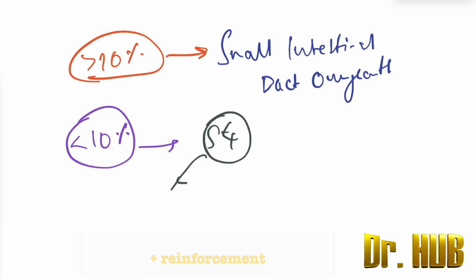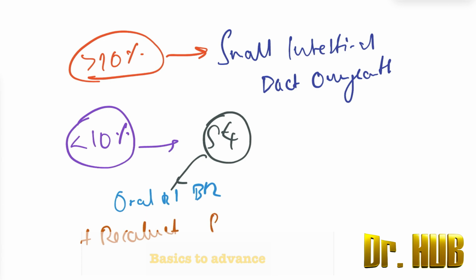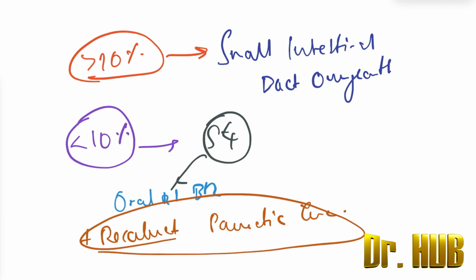In stage 4, we have oral radio-labeled B12 along with recombinant pancreatic enzymes, and we see if it is greater or less than 10%.